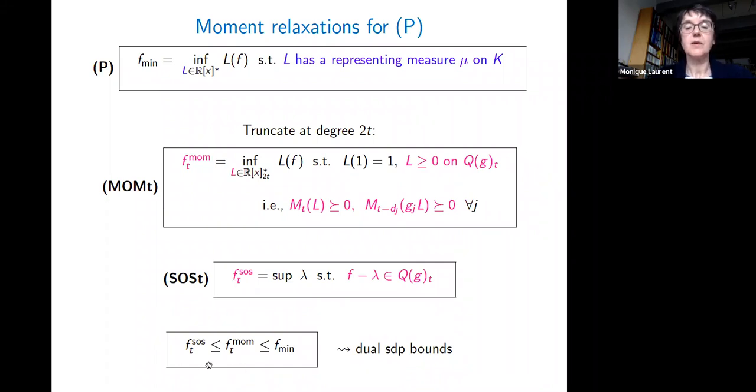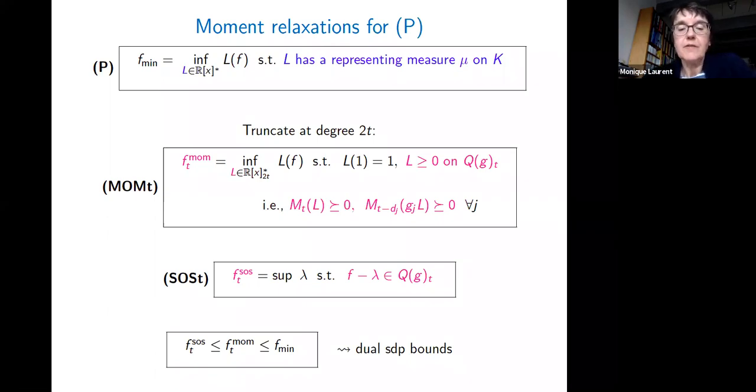So we have weak duality: the SOS bound is at most the moment bound, and it's at most the minimum of f. And if you assume that the Archimedean condition holds, with the ball constraints present in the description of the set K, then strong duality holds, so the two bounds are the same.